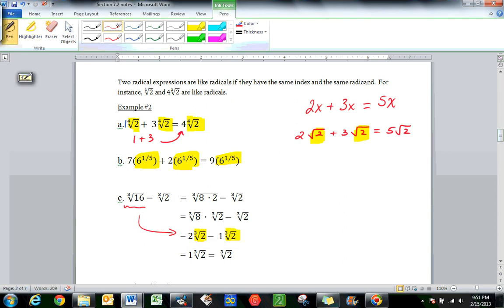And when we take 2 minus 1, we have 1 times the cube root of 2. And of course the 1 is understood, so we would not have to write it there. So these are some basic operations that you could see with either rational exponents or radicals, and so you need to be comfortable with combining like terms and identifying like terms.